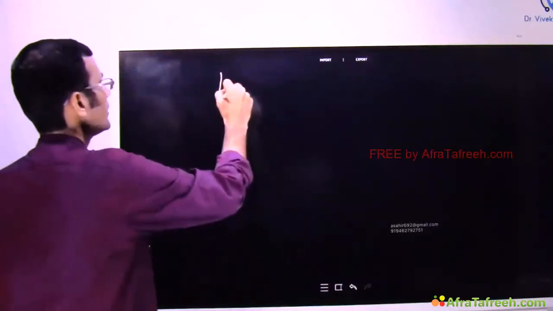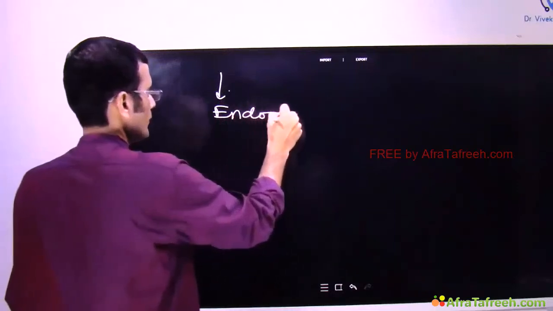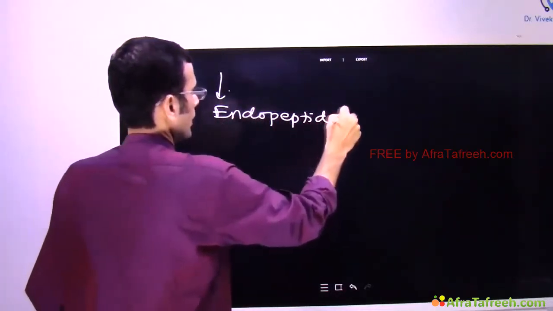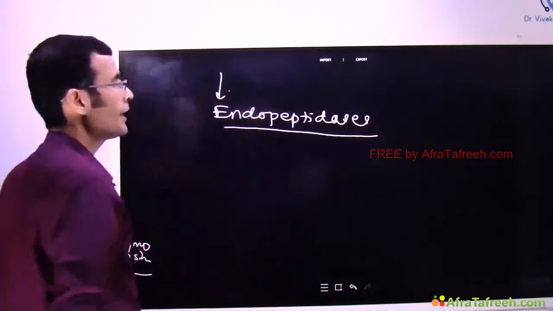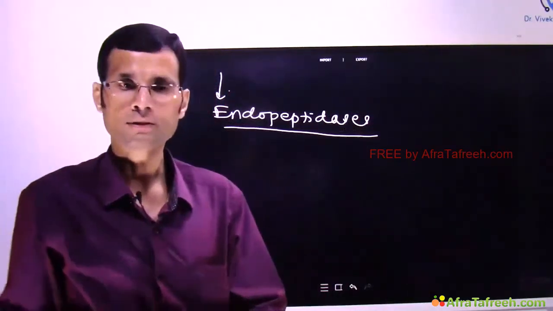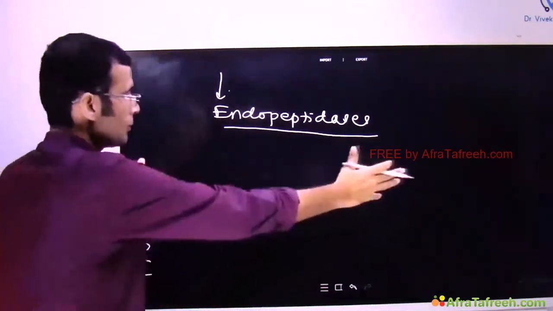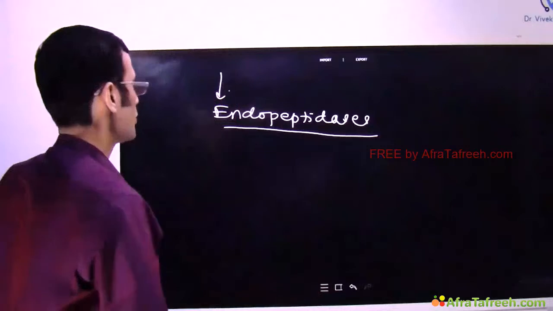Trypsin and chymotrypsin are called endopeptidases. They break some interior bond of a protein, so they will make two big pieces of the protein during digestion.